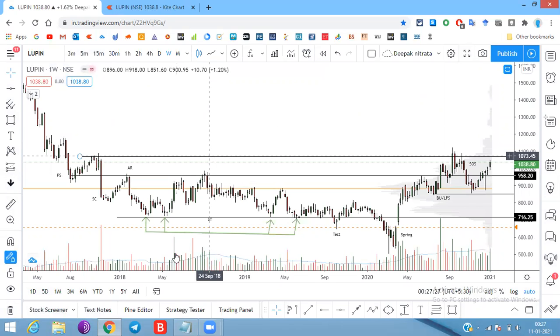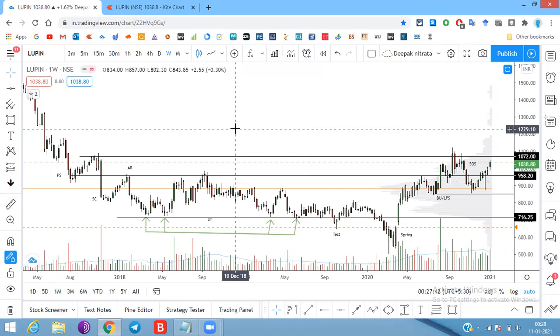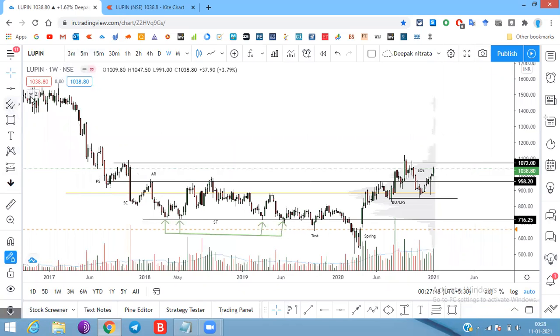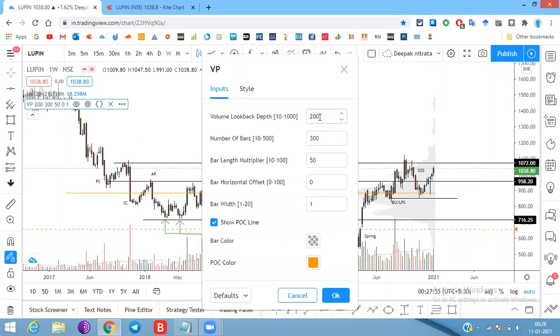I am actually really optimistic with Lupin because it has formed a good wick of accumulation, and it is right now inside the wick of accumulation cycle. And other two stocks like Lumax and Eris Life Sciences also, I am really optimistic for that. Let's see what happens. So let me change this data set from 200 look back period to 500 look back period.